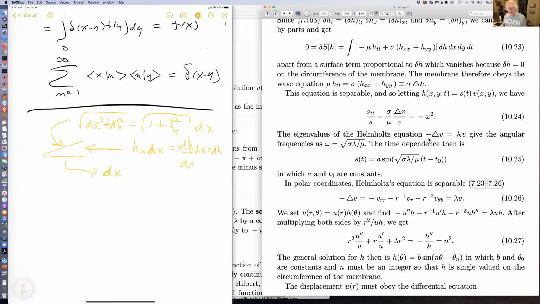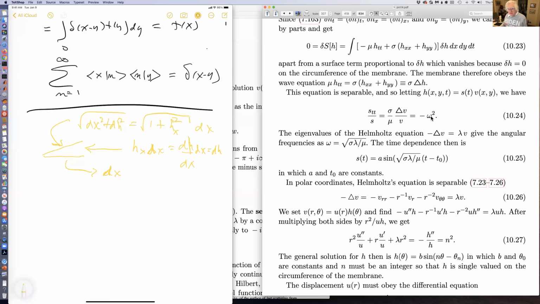And then we look at the Helmholtz equation and its eigenvalues. And what we see is the eigenvalues give us the angular frequencies. Let me unravel this equation.